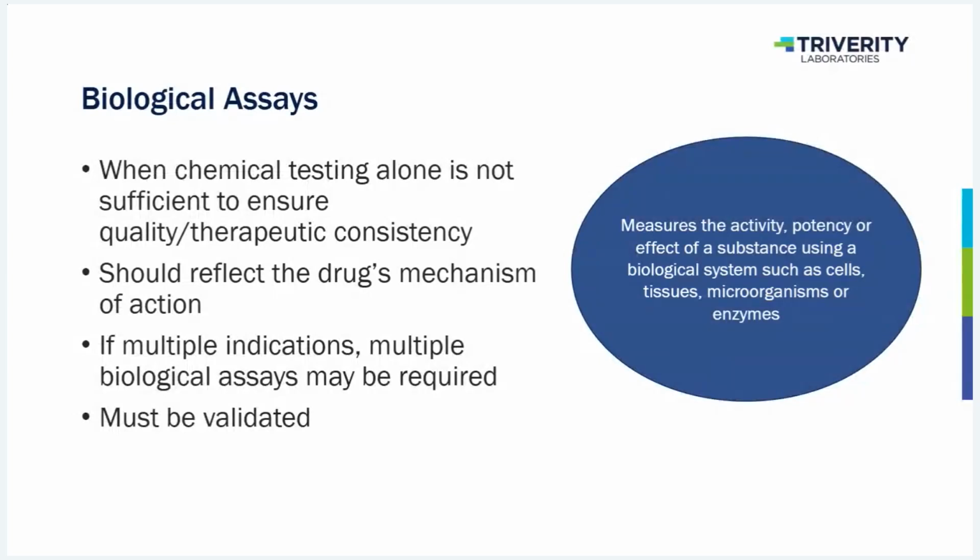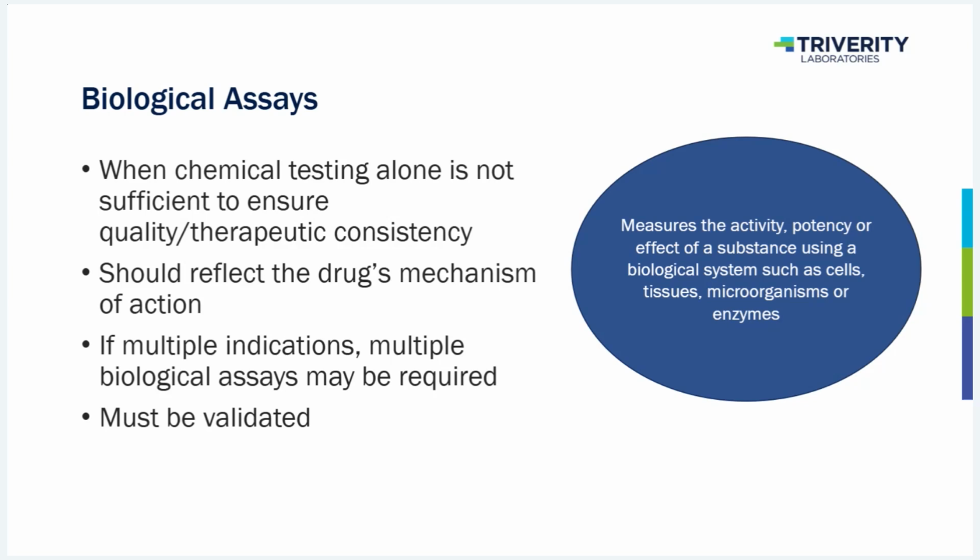So a quick note on biological assays. They measure the activity, potency, or effect of a substance using a biological system, such as cells, tissues, microorganisms, or enzymes. So when chemical testing alone is not sufficient to ensure the quality of the product and the therapeutic consistency, you can use a biological assay. It should reflect the drug's mechanism of action.